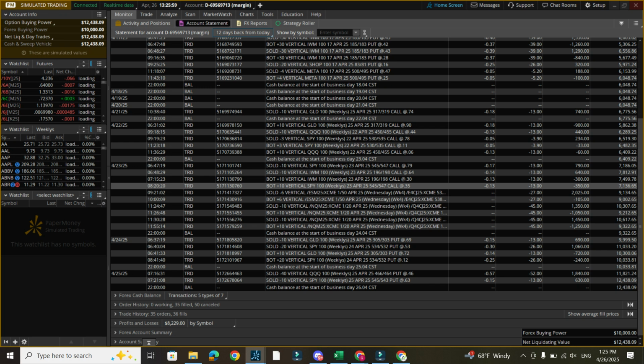Obviously, I'm not using any margin. However, to sell credit spreads or sell options in general, you need to have a margin account. So I can't turn this into a cash account where PDT does not apply, even though I'm not trying to use any margin. I'll never sell naked calls or naked puts.